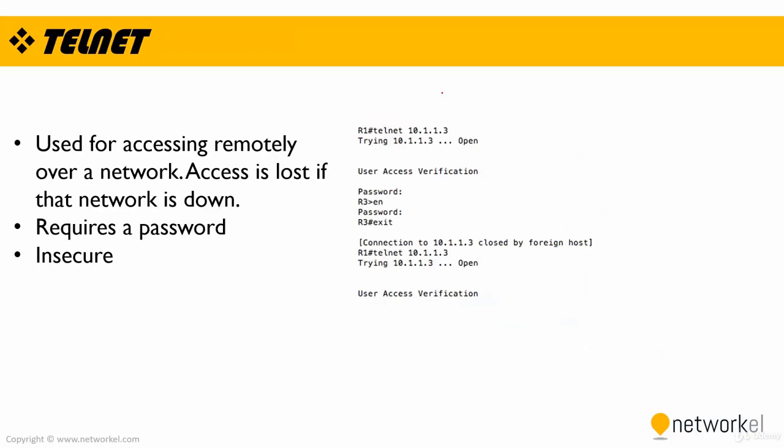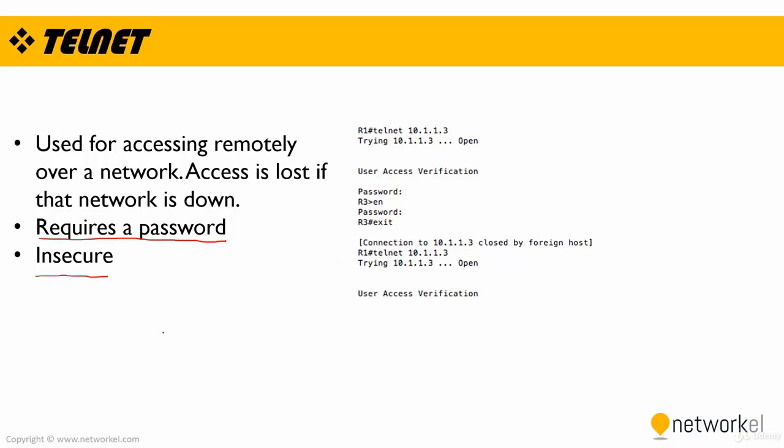The second method that we can access a Cisco device is using Telnet. Telnet is used for accessing remotely over a network. Access is lost if that network is down. Please keep in mind that Telnet is an insecure method to reach the device remotely because the session is not encrypted. And if you want to configure Telnet on your device, you should set a password too.